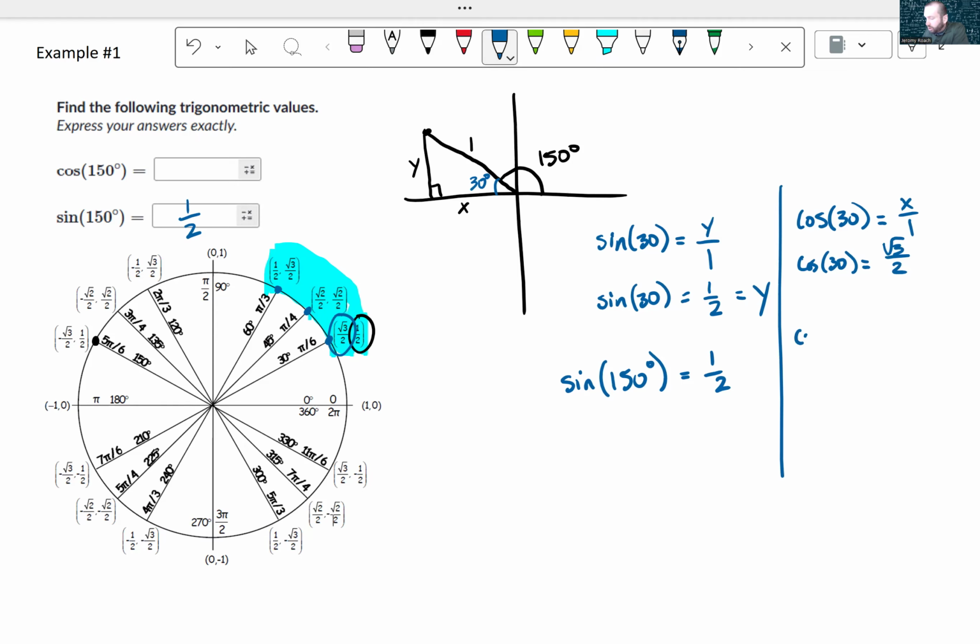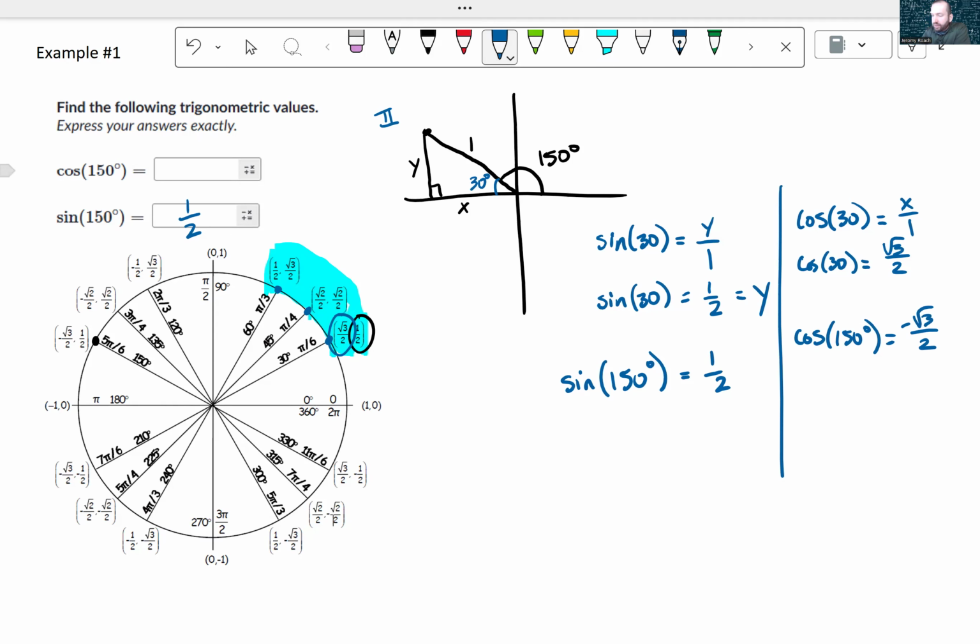And therefore, cosine of 150 is also equal to root 3 over 2, but we're in quadrant 2, and x is negative in quadrant 2. X is a negative value always in quadrant 2. And so we're going to get negative root 3 over 2.